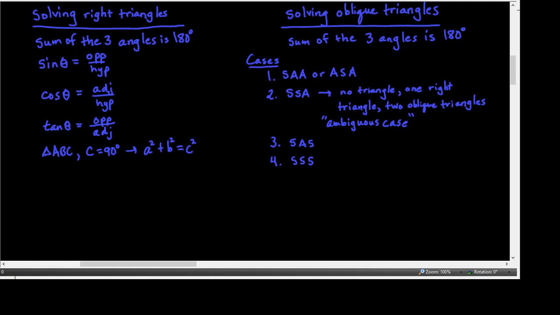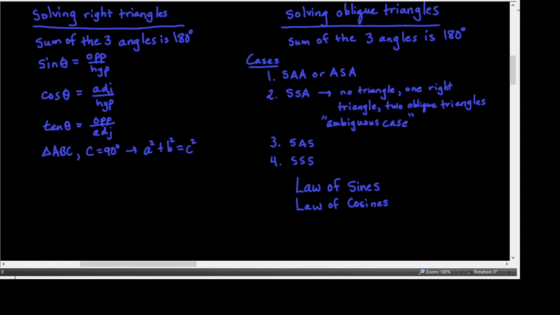To do these cases, we'll need to know the law of sines, which we're going to encounter today, and the law of cosines, which is in the next section. Beyond the sum of the angles being 180 degrees, these two laws will help us solve all triangles that we're presented with that can be solved.